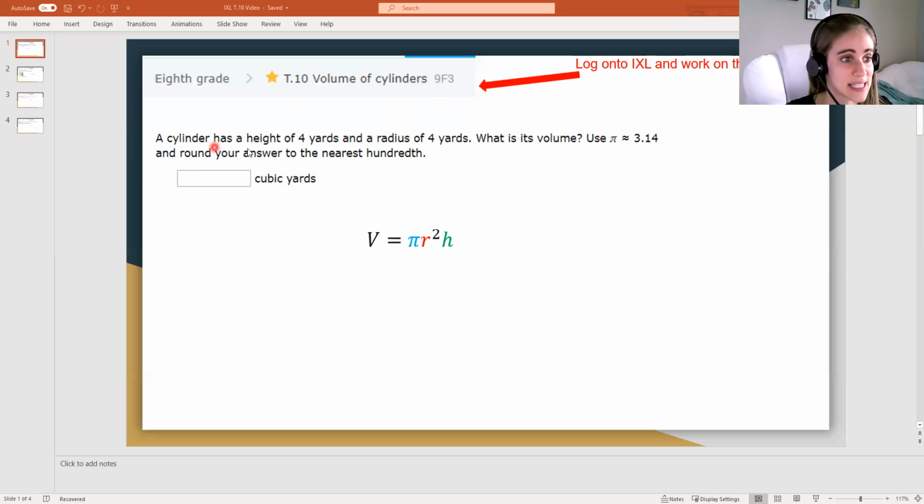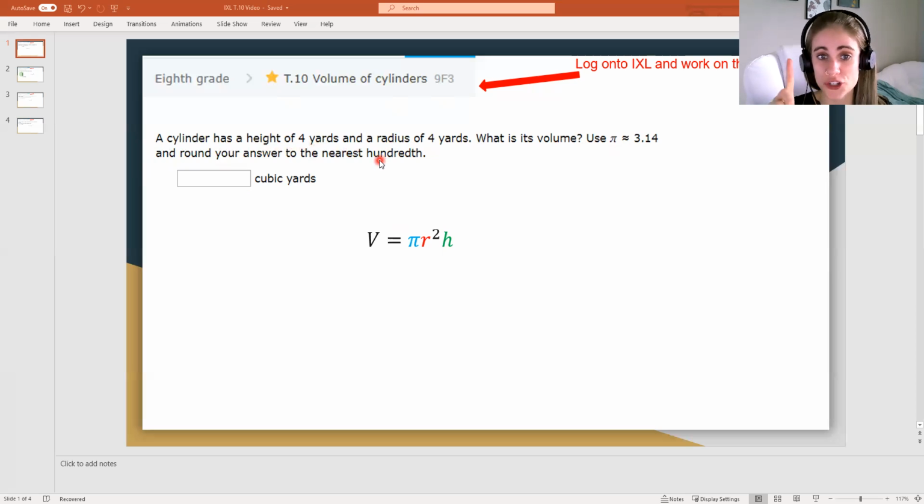A cylinder has a height of 4 yards and a radius of 4 yards. All right, what is the volume? Use pi as approximately 3 1/400ths, or most people could just say 3.14, and round your answer to the nearest hundredth.